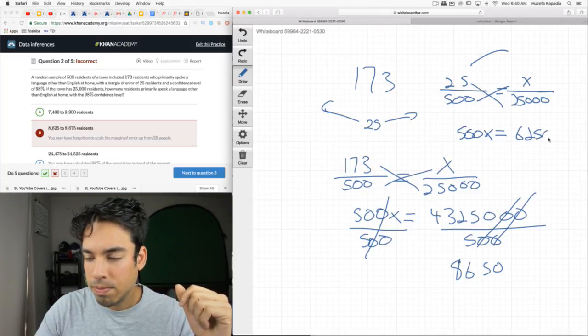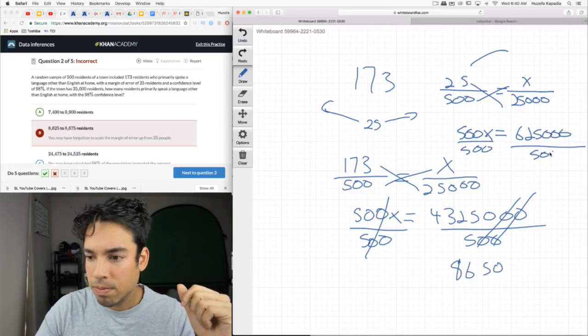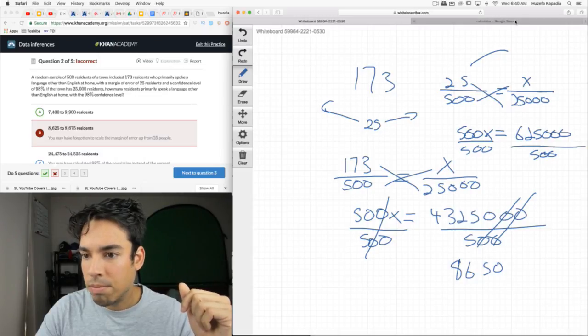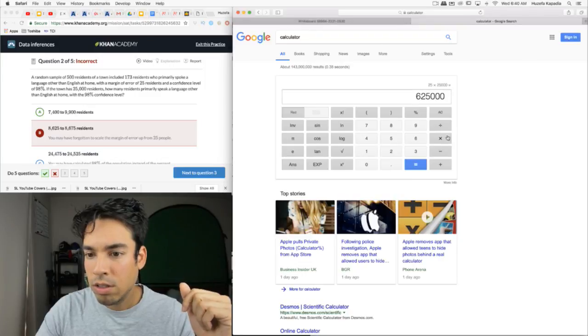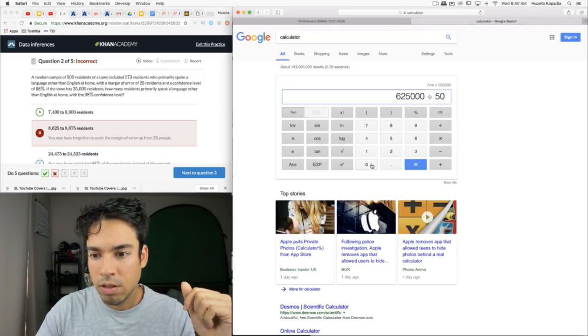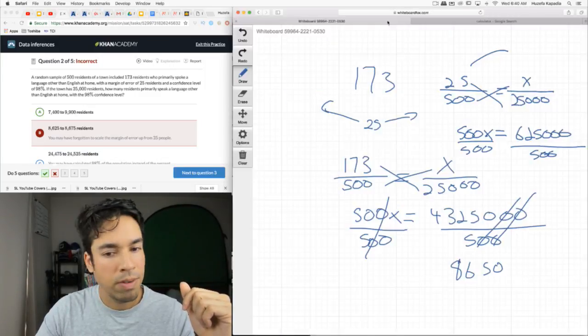625,000. And then we divide it by 500. Right. 625,000 divided by 500 equals 1250.